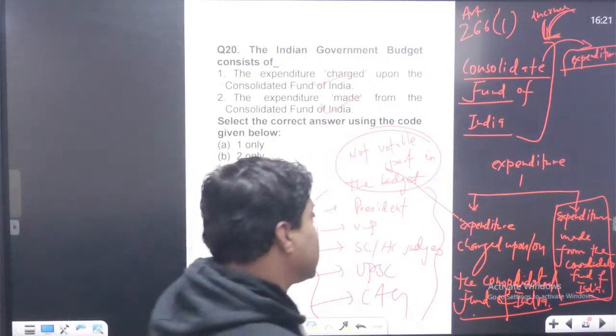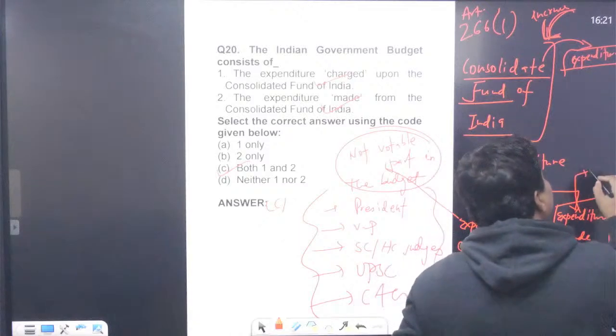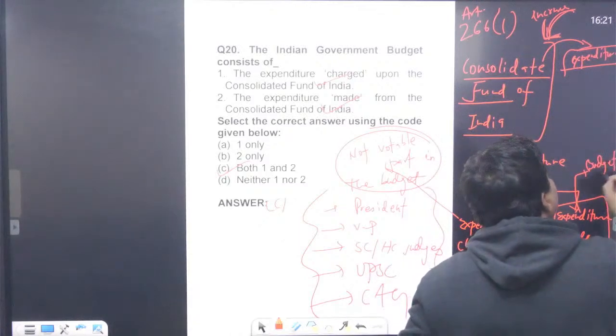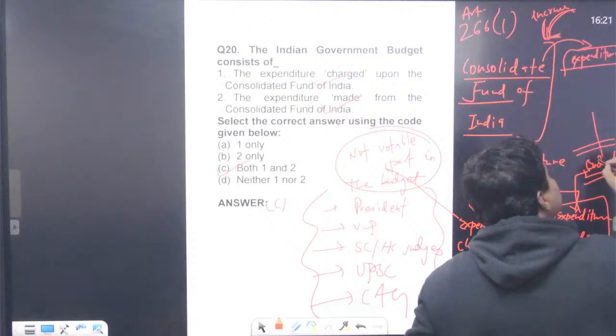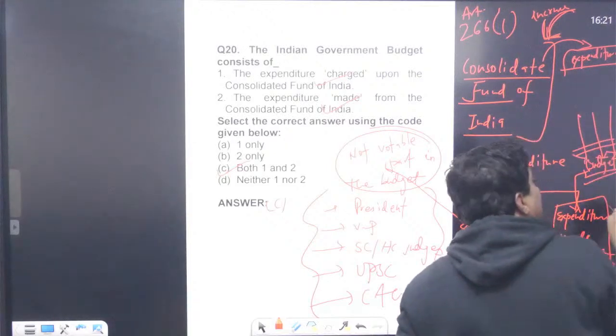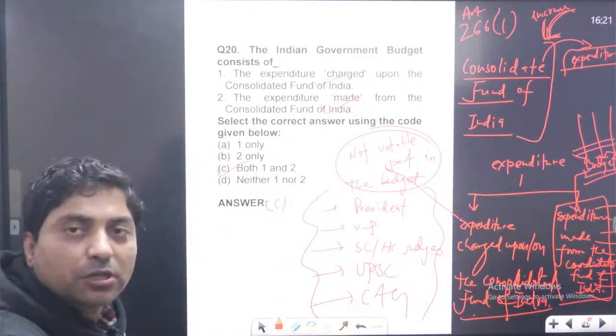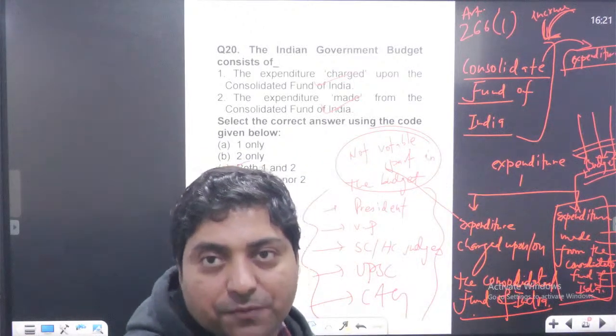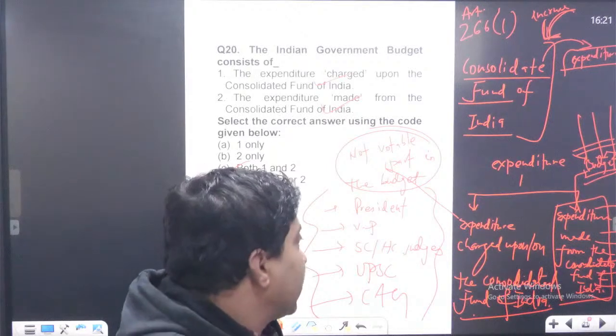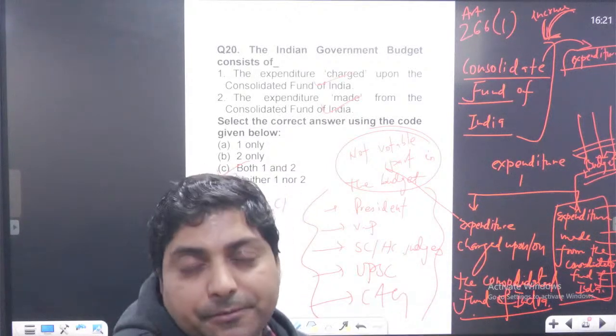Now this is basically the part of the budget where the Parliament makes scrutiny, discusses it and votes on it. All the major departments, Ministry of External Affairs, Ministry of Defence, Ministry of Education, Ministry of this, Ministry of that, it's all money from there.